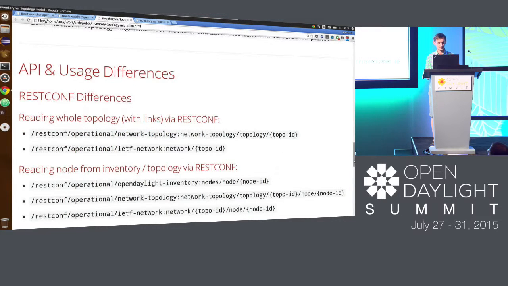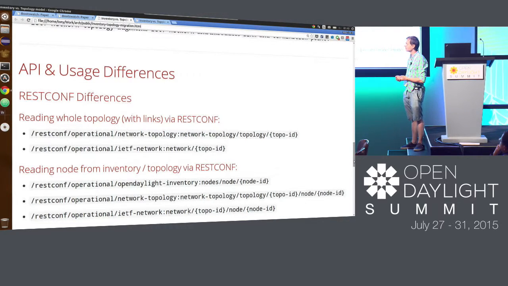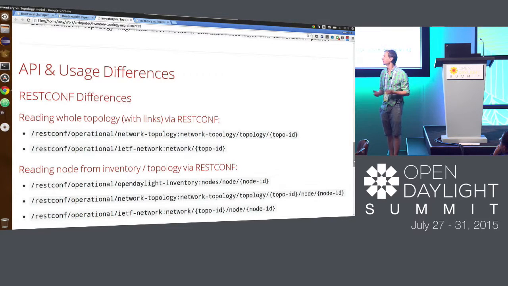In the original model, when I wanted to read the topology, the URL is a bit superfluous: RESTconf / operational / network-topology:network-topology / topology / topology name.